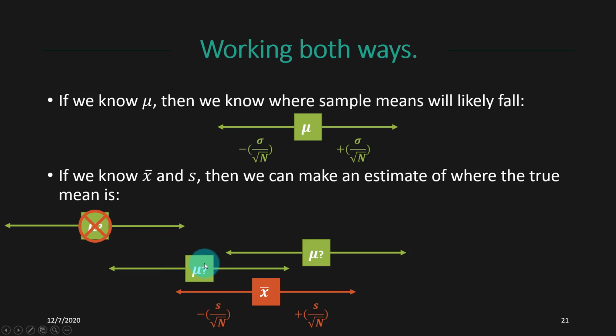We can't say that it is definitely not the case with 100% certainty, but we can say that this mean is unlikely to have arisen if this was the true value in the population. In contrast, this mean could have arisen if this was the true value or if this was the true value. And depending on the confidence we need to make that judgment, we might extend or shrink those error bars to make inferences from what we observe in the sample back to what seem like plausible parameter values in the population.